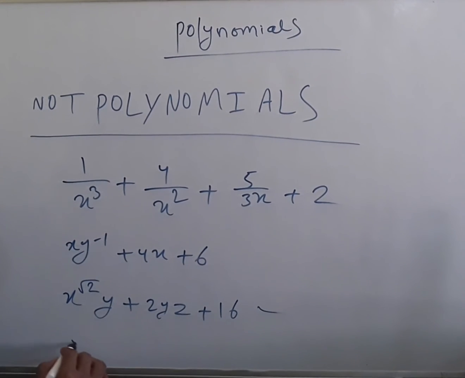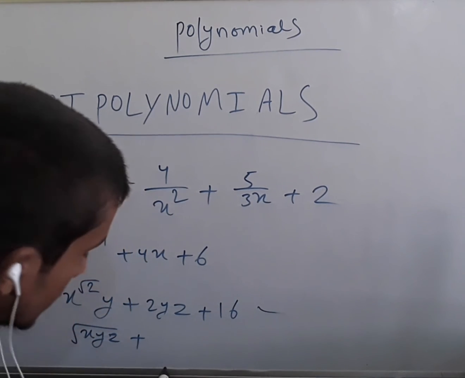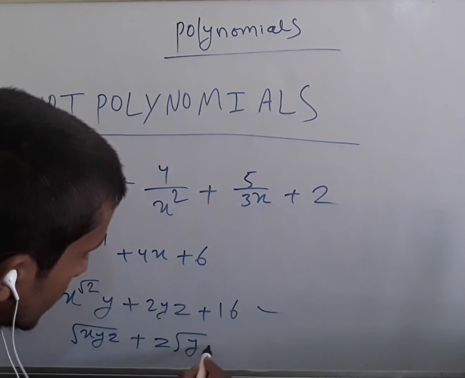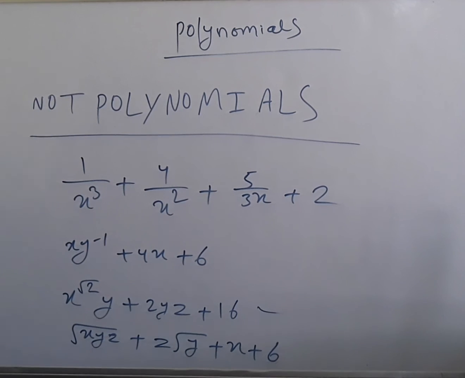Another example would be root xyz plus z root y plus x plus 6. Again, this is not a polynomial.